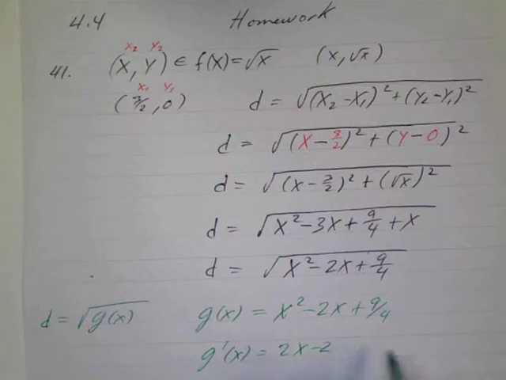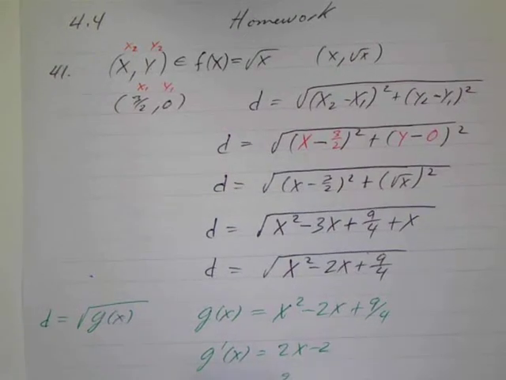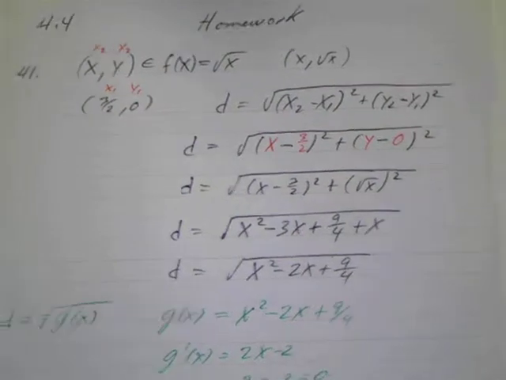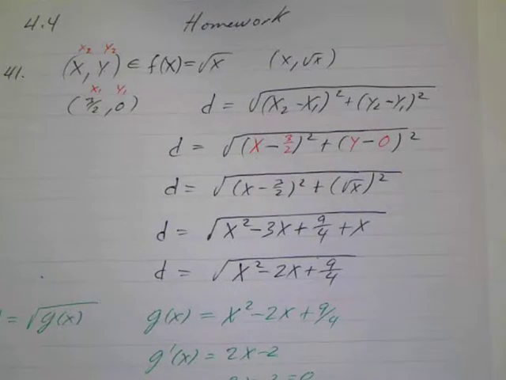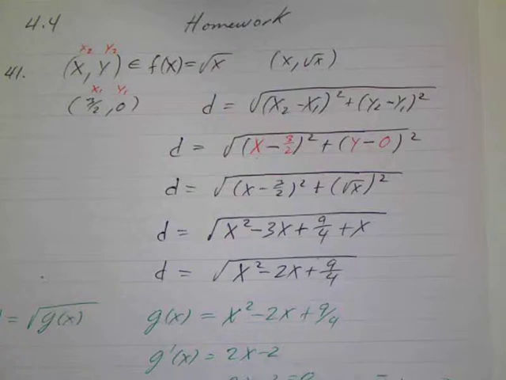And that's not going to be undefined, so we just set that equal to 0 to find the critical number. So 2x minus 2 equals 0, 2x equals 2, x equals 1. I'm going to check to see if that's going to be a minimum. If I put 0 in g prime, I get negative, and if I put 2 in here, I get positive.